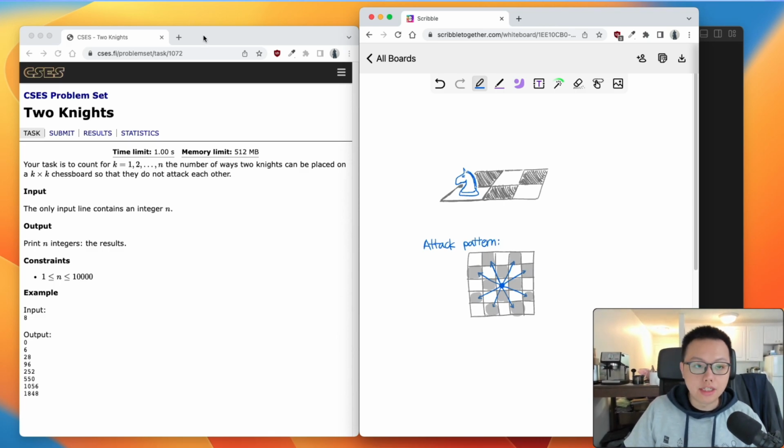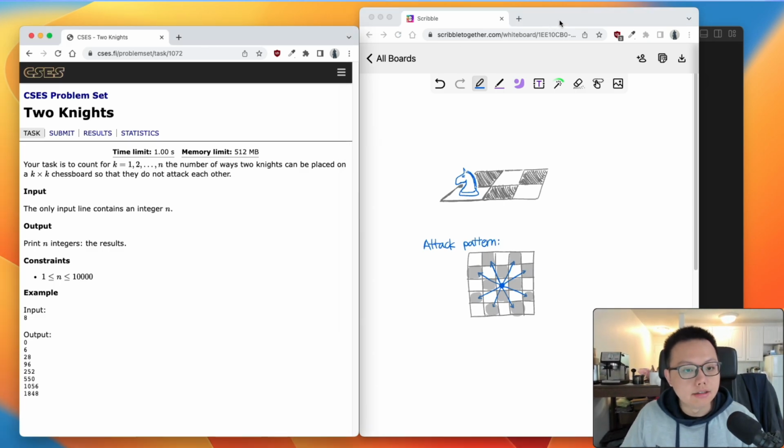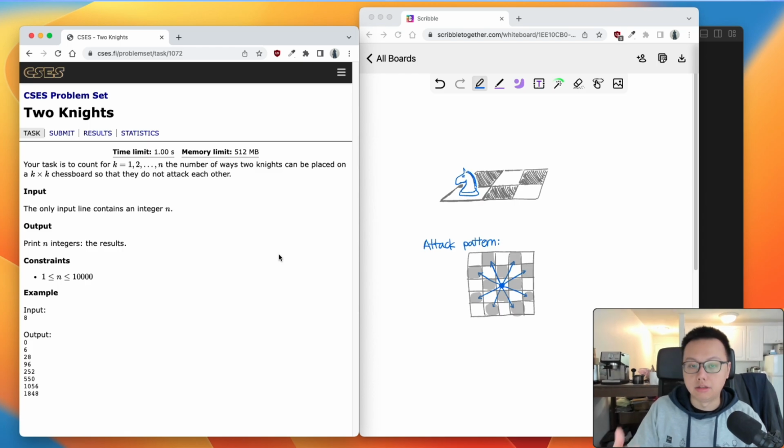The first observation is that the number of ways to place two knights on the board so that they do not attack each other is equal to the number of ways to put both knights on the chessboard, subtracted by the number of ways where the two knights attack each other.